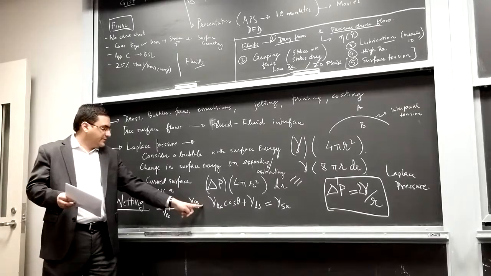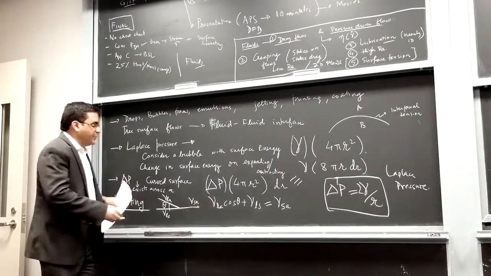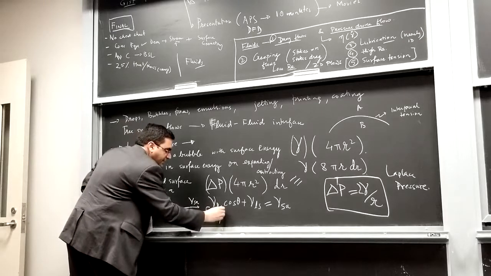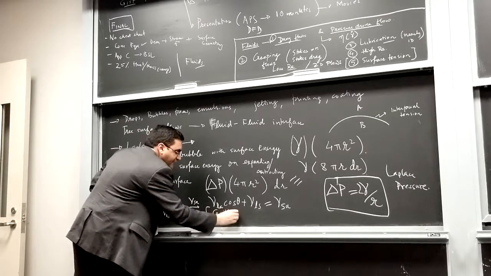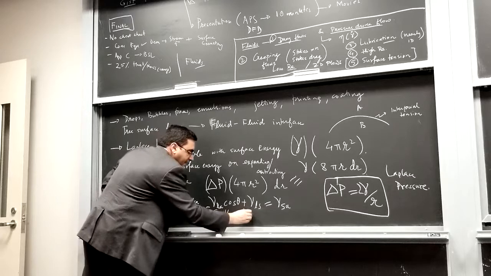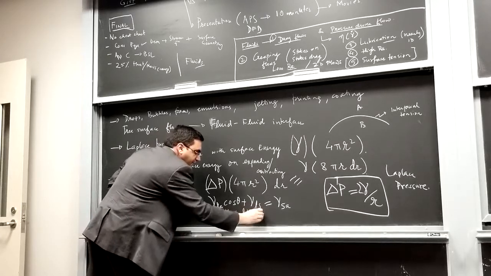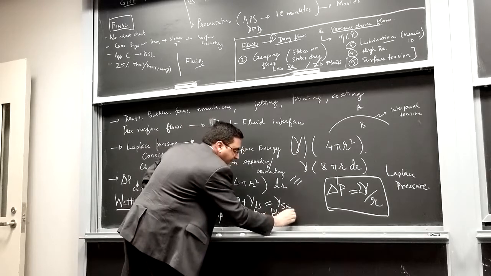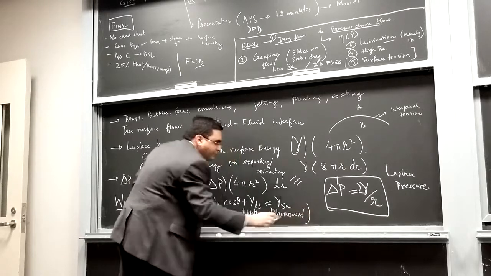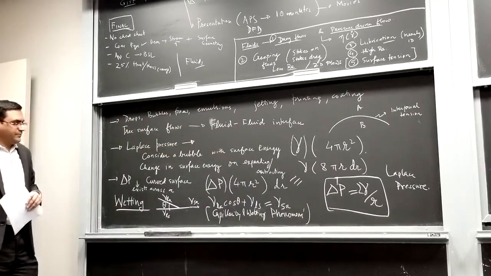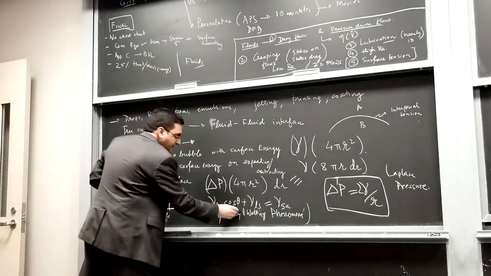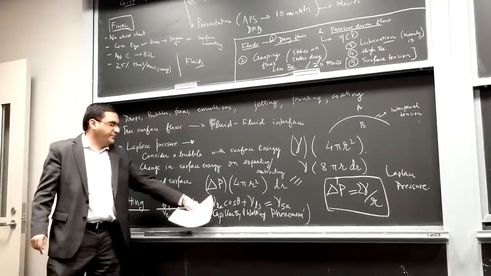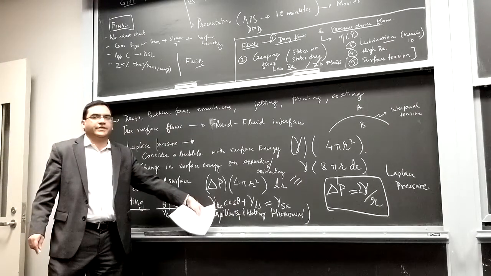The book that is really good for this is called Capillarity and Wetting Phenomena, and I think I'll post maybe a chapter from it, so that if you're interested, you can see some of the other. That's from Pierre-Gilles de Gennes, Brochard, and David Quéré.